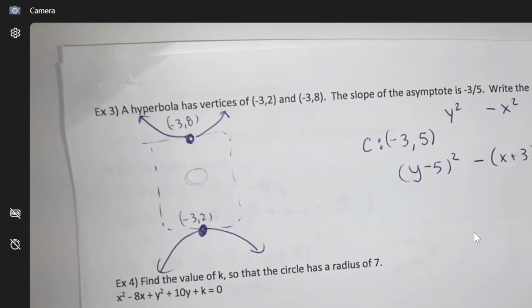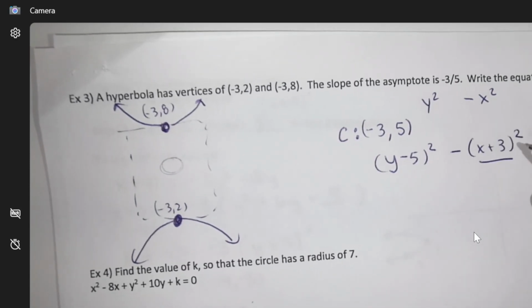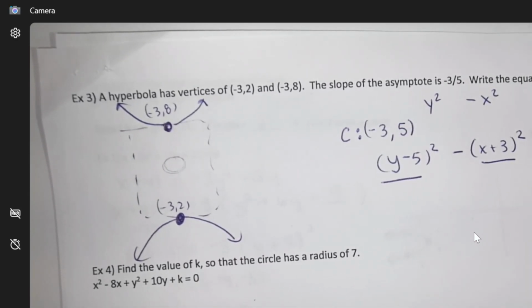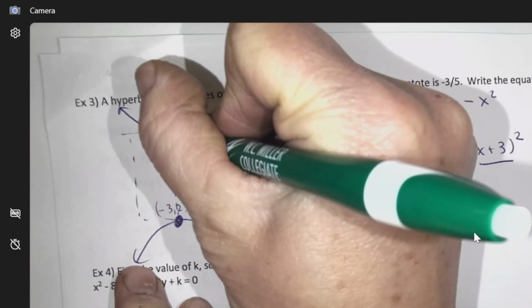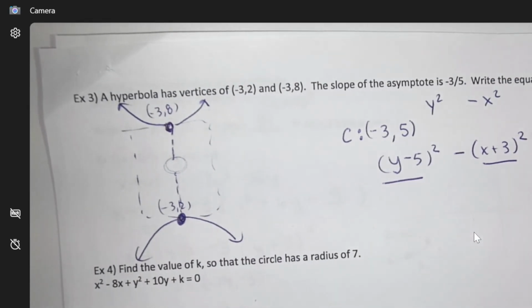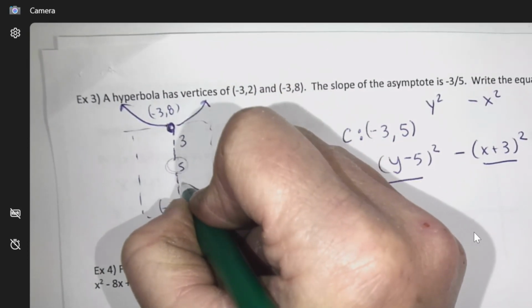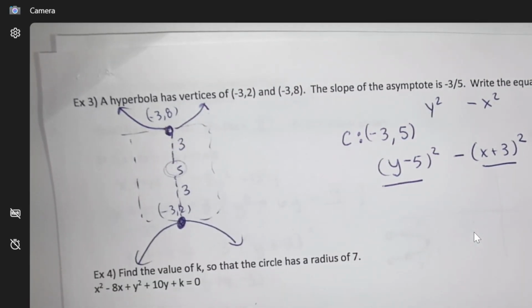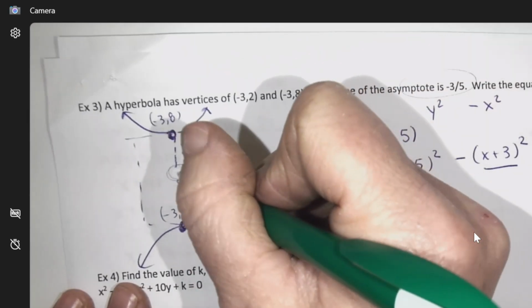Okay, so there's what I know. Okay, tell me, how much are you jutting out from the center there? So if this was at 5, it means that's a 3. And the slope of the asymptote is -3/5.